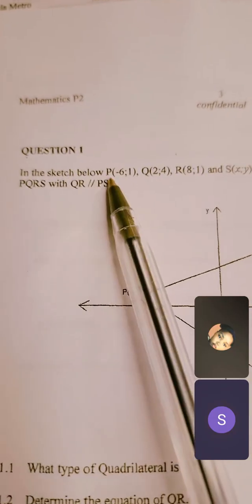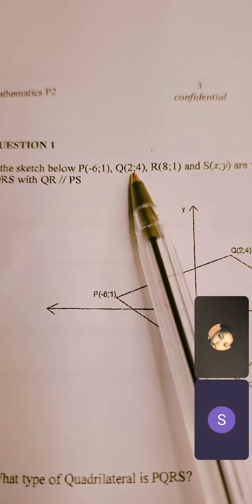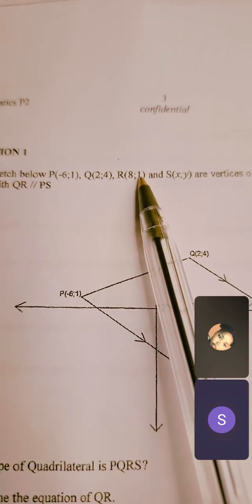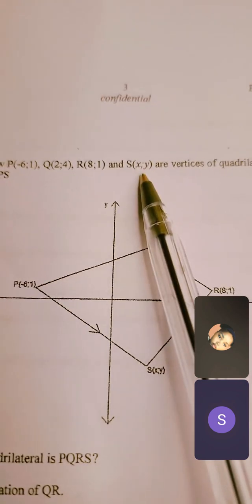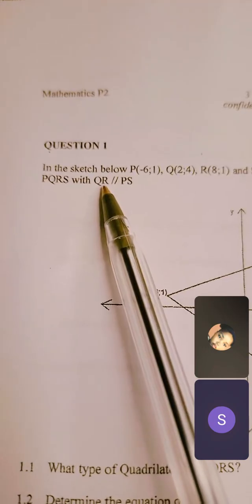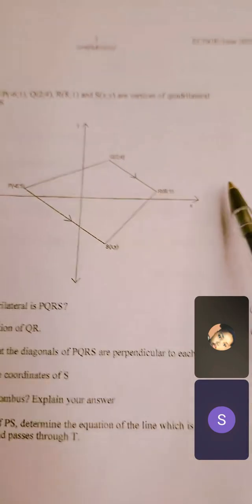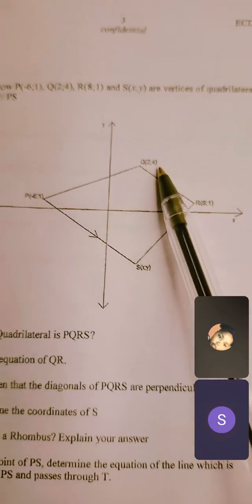All right. Asenati, in the sketch below, P is (-6; 1), Q is (2; 4), R is (8; 1), and S(x; y) are vertices of quadrilateral PQRS, with QR being parallel to PS. So let's just observe a little bit there.